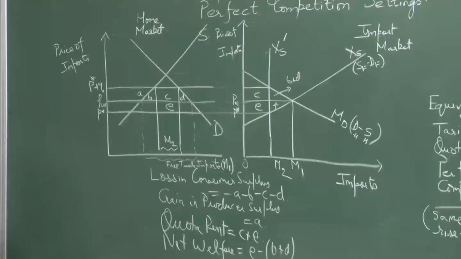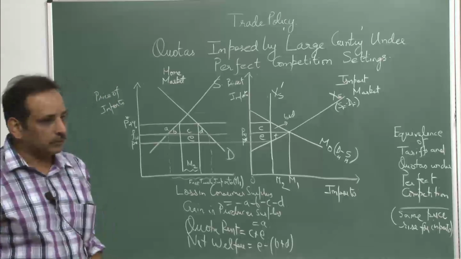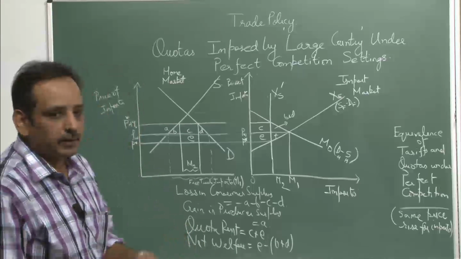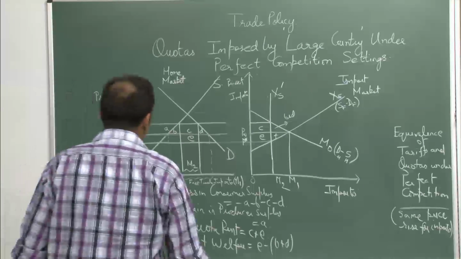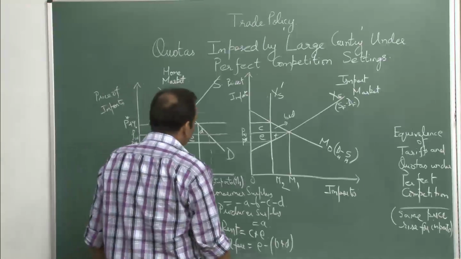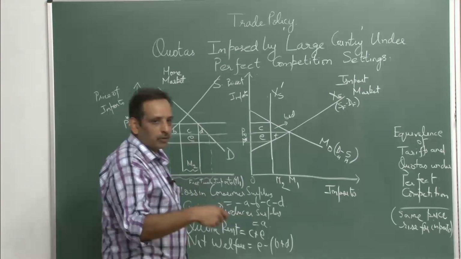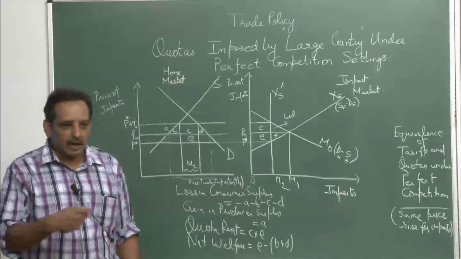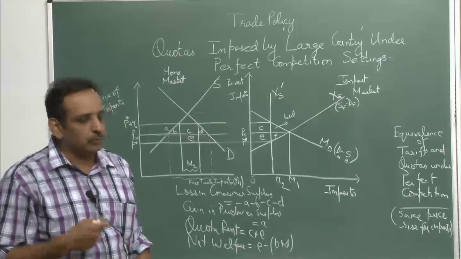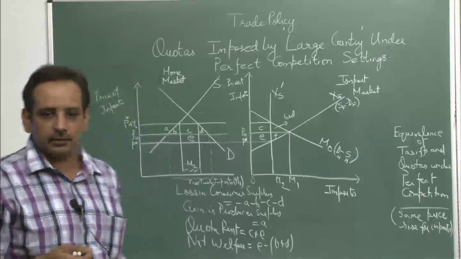When you restrict such imports, you have to allocate the import of this M2 among your producers. This allocation is done through licenses.